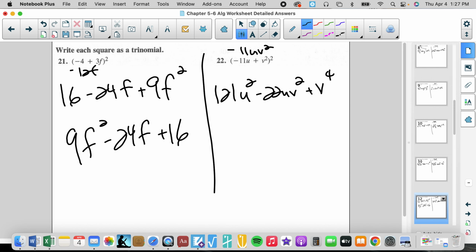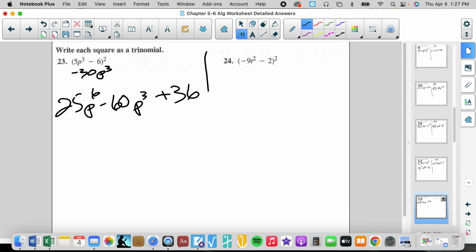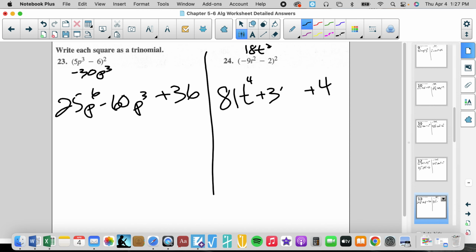Alphabetical first, then, so 25p to the sixth plus 36, that's negative 30, negative 30p cubed, which is negative 60p cubed. 81t to the fourth plus 4, that's going to be positive 18t squared, which is positive 36t squared. That's another good one.